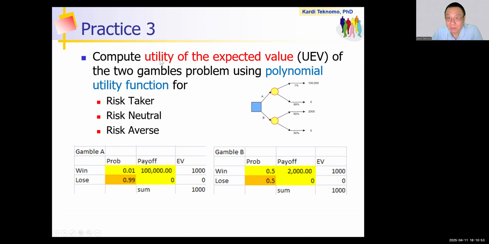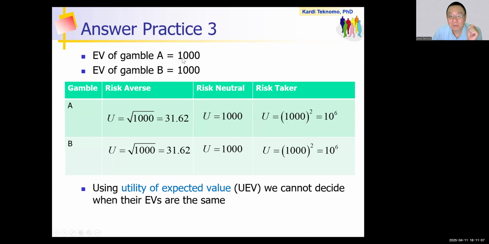Can we calculate the utility of the expected value? So when we said utility of the expected value, UAV, we use a polynomial function for risk averse, risk neutral, and risk taker.